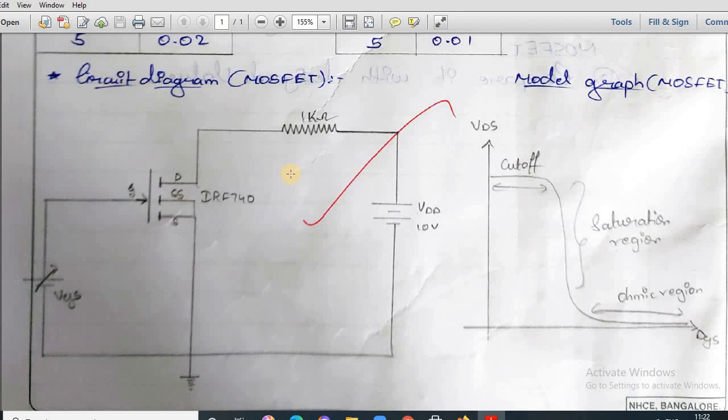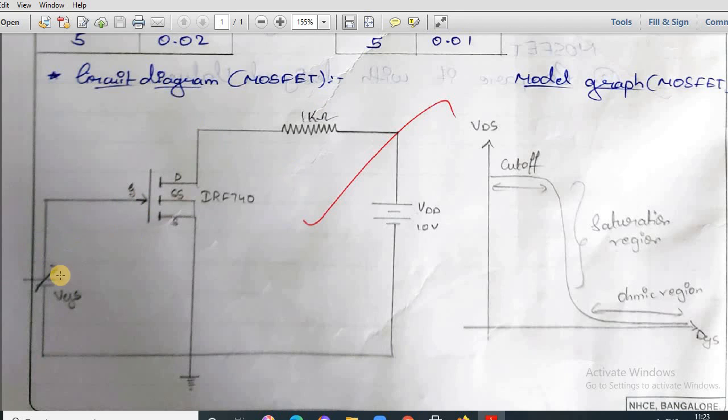Now talking about the saturation region, the MOSFET has IDS constant in spite of an increase of VDS in this region. This occurs once VDS exceeds the value of pinch off voltage, that is VP. Under these conditions, the device acts as a closed switch through which a saturated value of IDS flows.